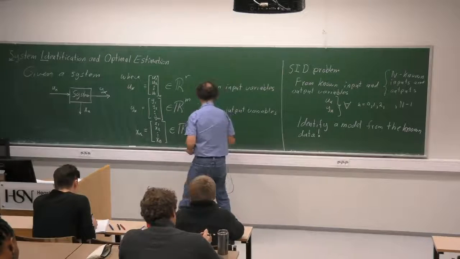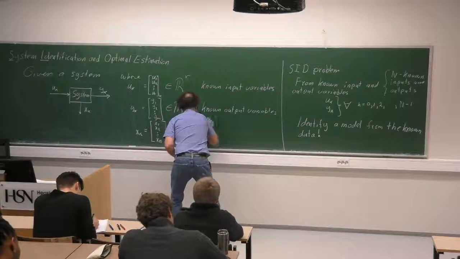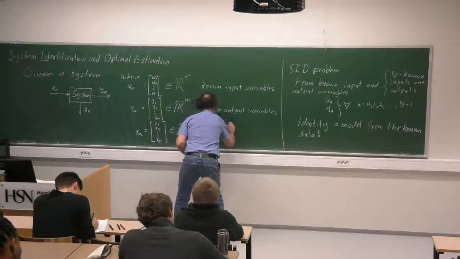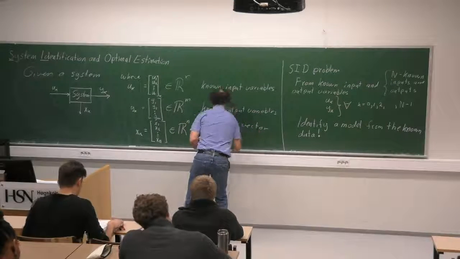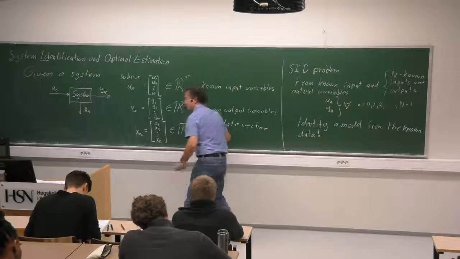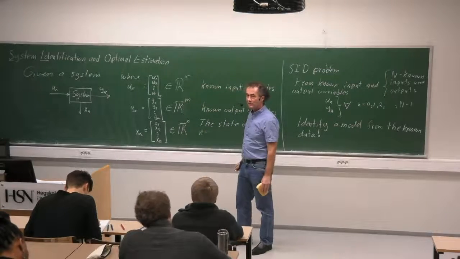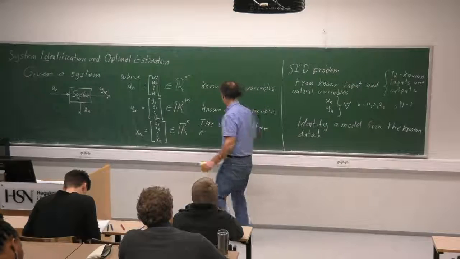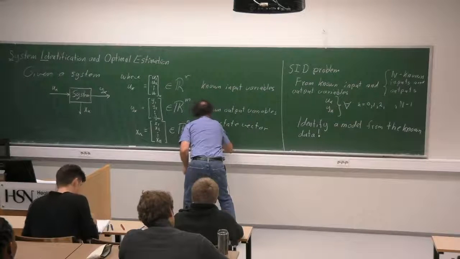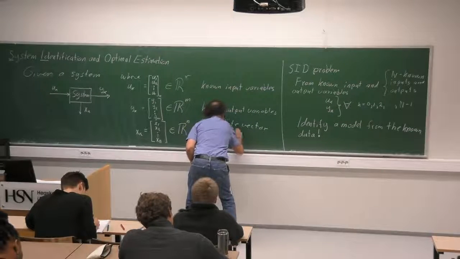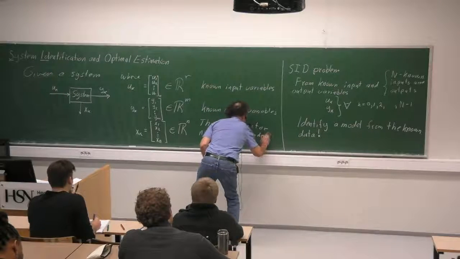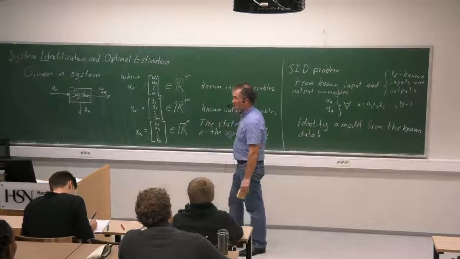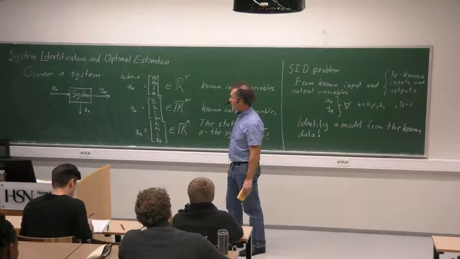So this is the state vector. And n, this is important, is defined as the system order. And remember, this system order is unknown.